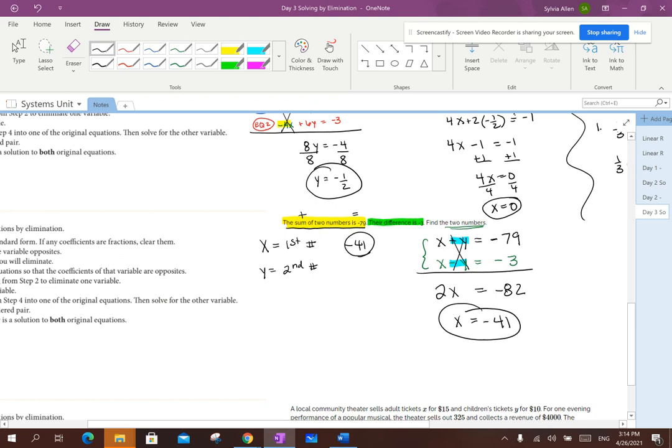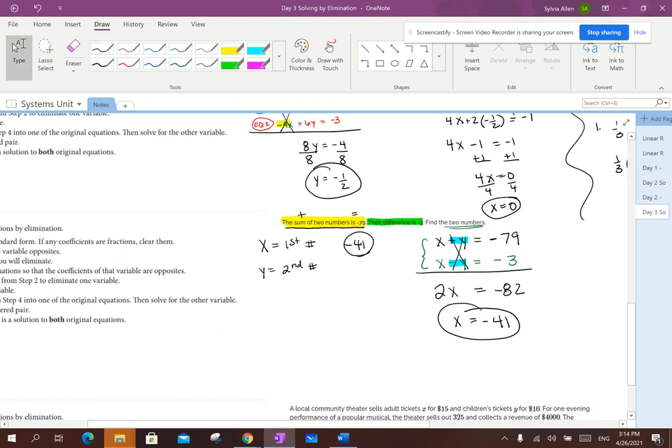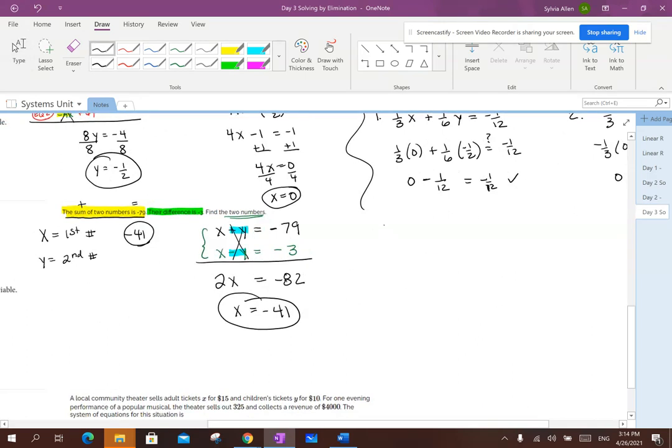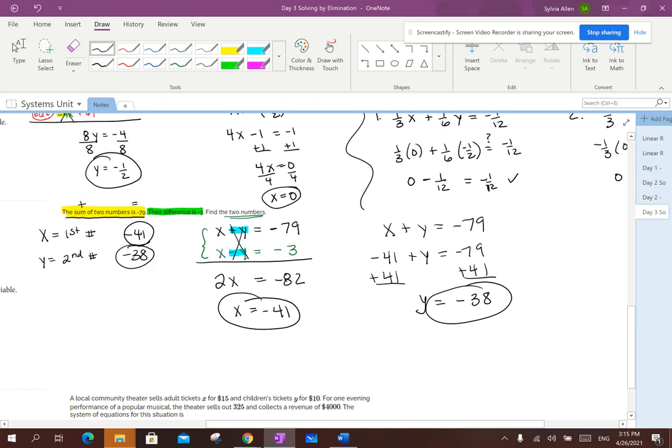And the second number, well, I need to take that and plug it in. The first equation said x plus y equals negative 79. x is negative 41 plus my y. I'm going to add 41, and then I am going to get negative 38. And then negative 38 is my second answer.